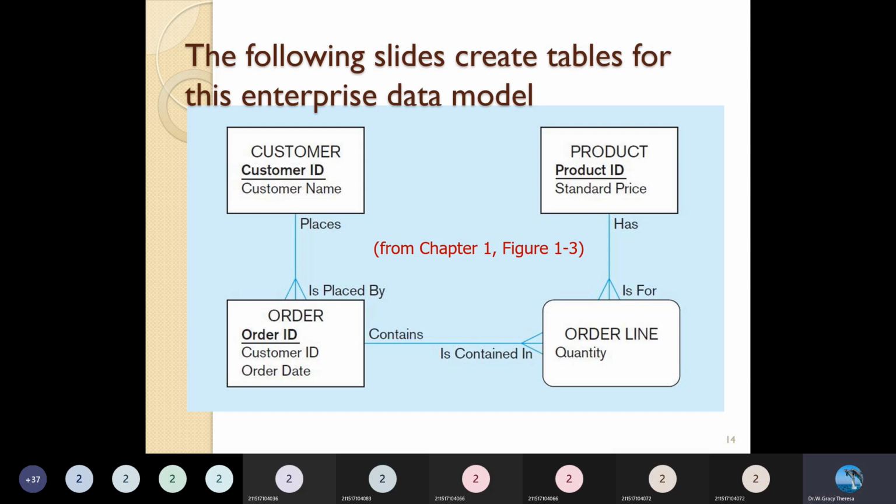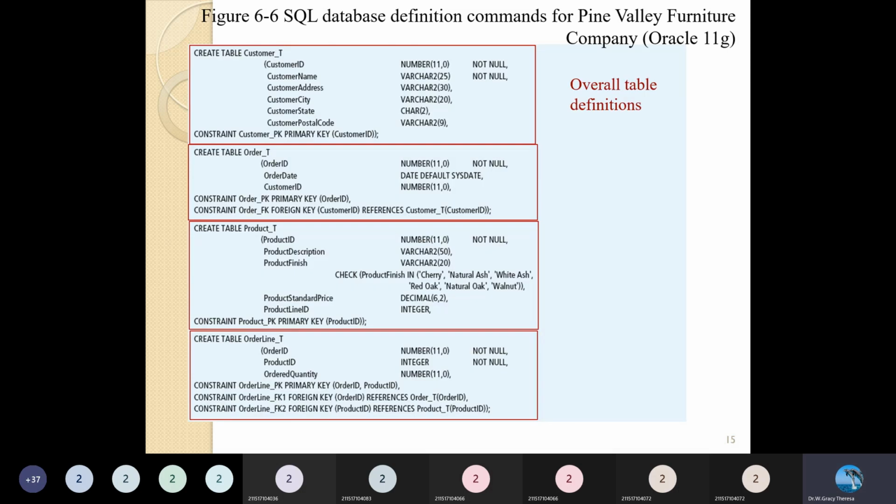An attribute which helps us to retrieve a tuple from a relation in a unique manner must be elected as a key attribute. So customer ID acts as a key here. Likewise, product ID acts as a key here. For this enterprise data model, we can create a table.